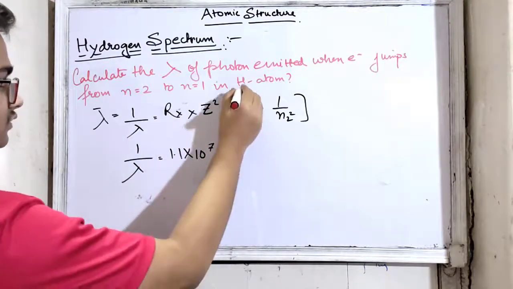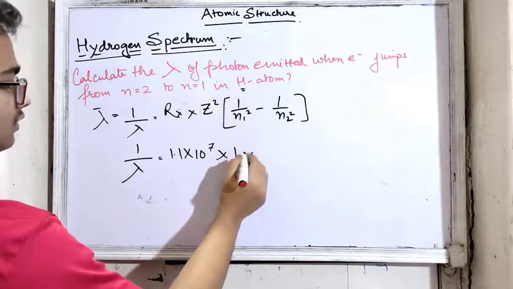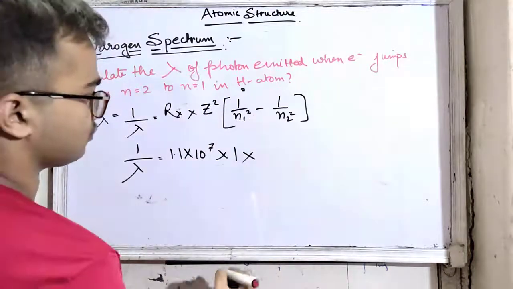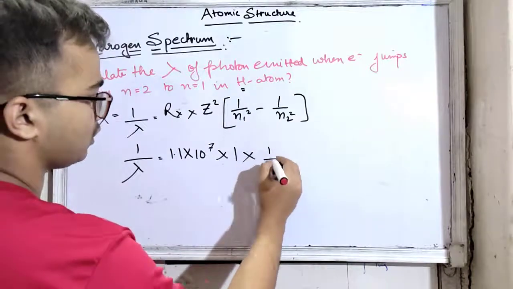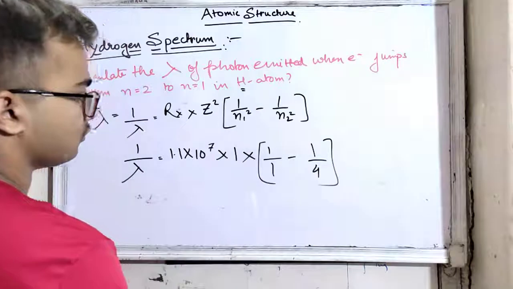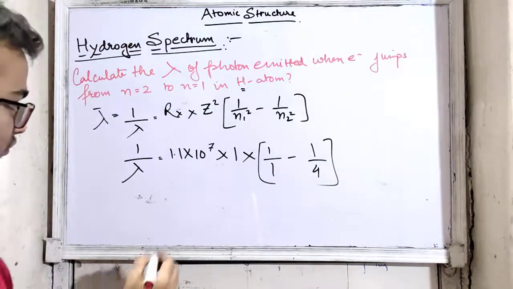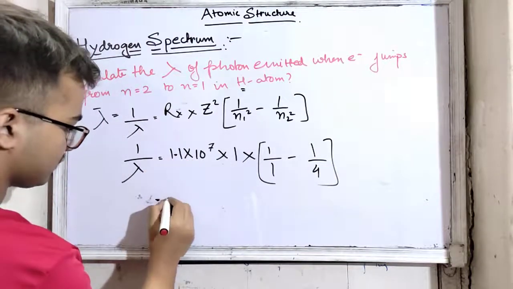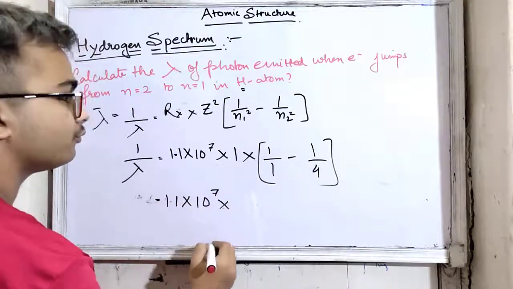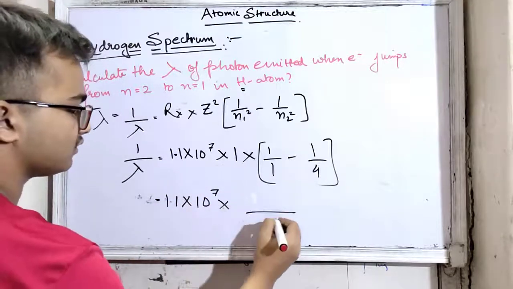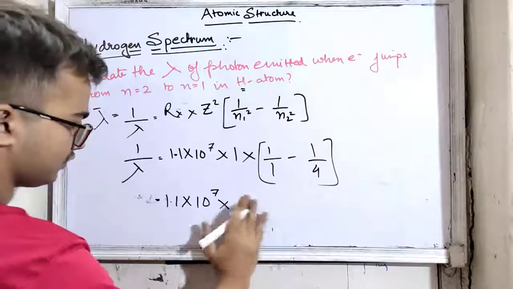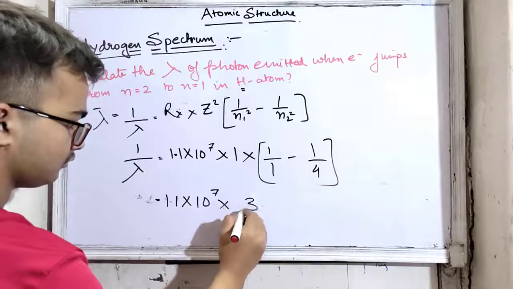Z equal to 1, since this is hydrogen. And see, here n1 will be 1 and n2 will be 2. So 1 by 1 minus 1 by 4. Okay, so what is coming? 1.1 into 10 to the power 7 into, if you solve this, 4 minus 1 by 4, which is equal to 3 by 4.